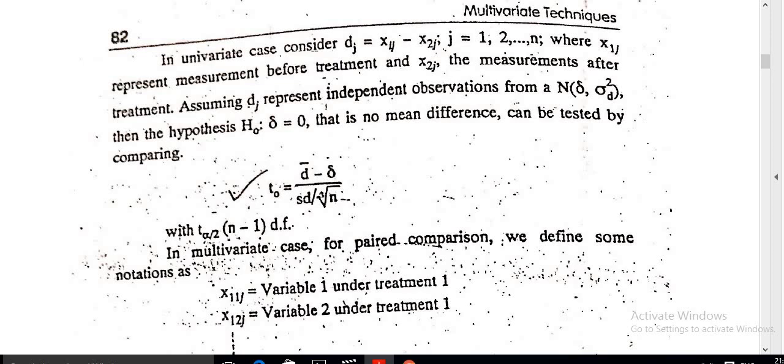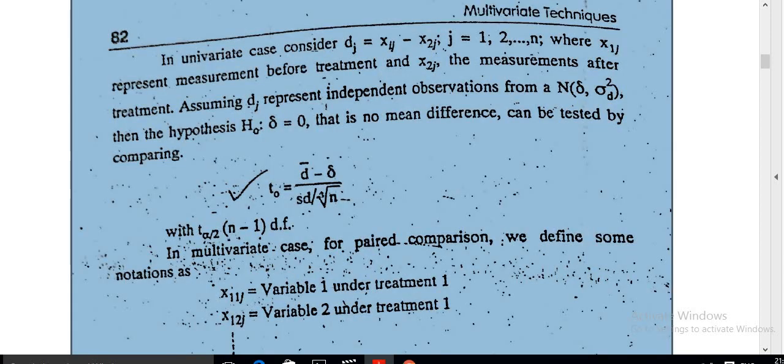First we have to take the difference of the observations before a certain treatment and after a certain treatment. That may be the sugar level before breakfast and the sugar level after breakfast, or the sugar level before taking a medicine and after taking a medicine, that is X1j and X2j.